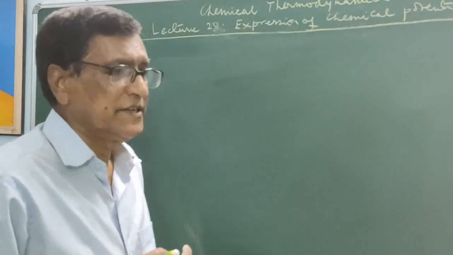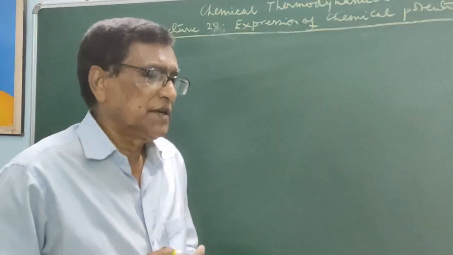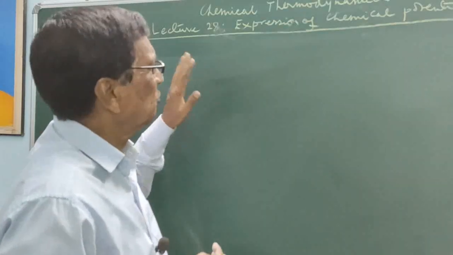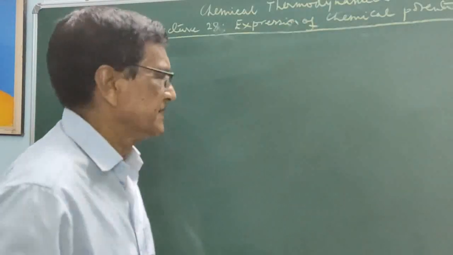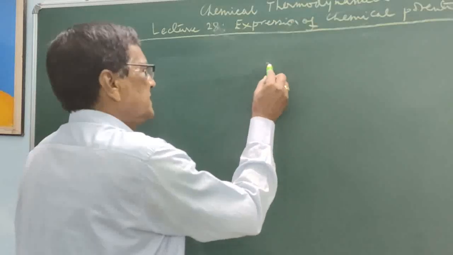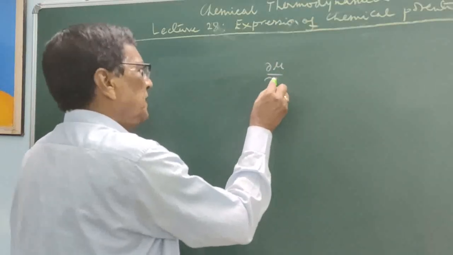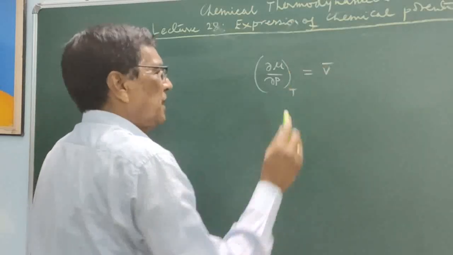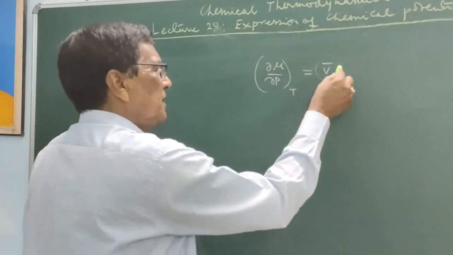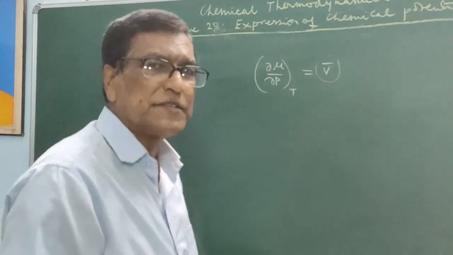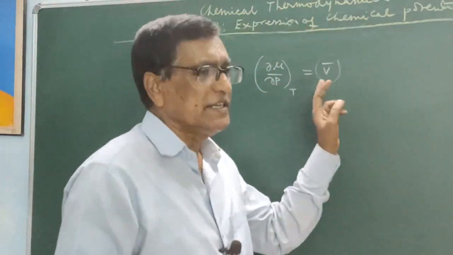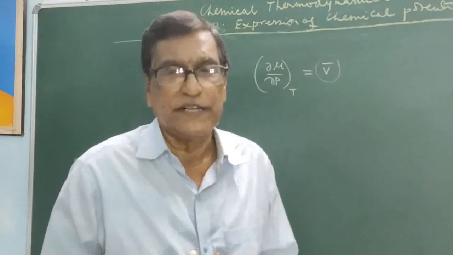Now I shall discuss, in a very short way, the chemical potential for real gases. For real gases, del mu by del P at constant temperature is equal to V bar. But this V bar is to be replaced in terms of temperature and pressure using the real gas equations. This is not a very easy task, mathematically not very easy.